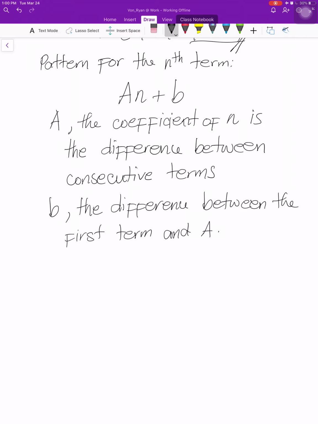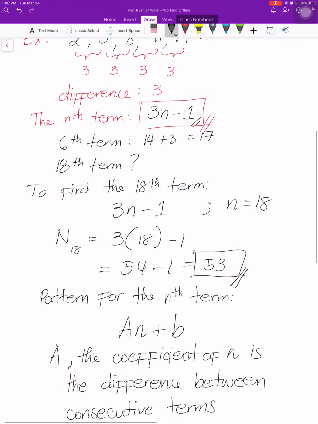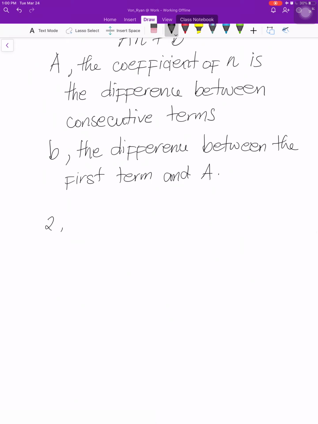So in our example earlier, we have 2, 5, 8, 11, 14. The difference between the consecutive terms is 3, so we say that a is equal to 3. And then b is the first term minus a, n sub 1 minus a.